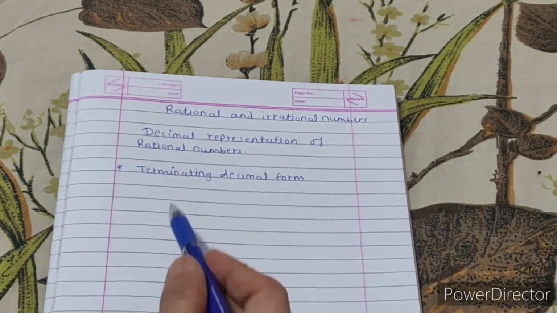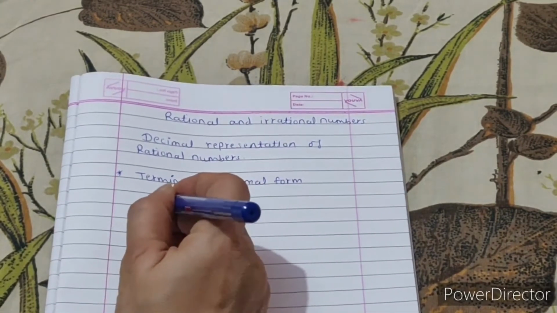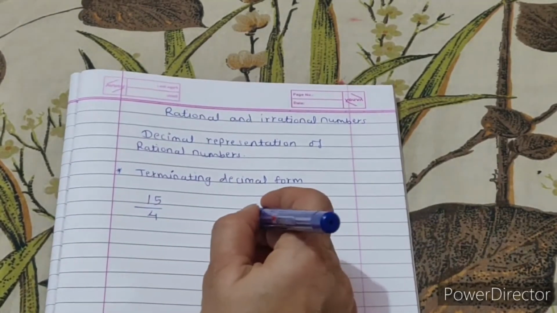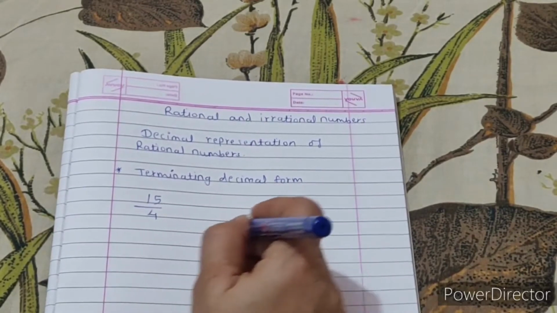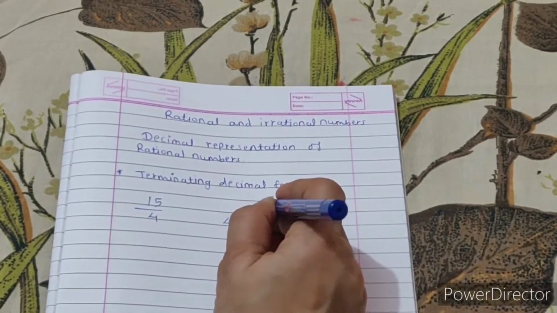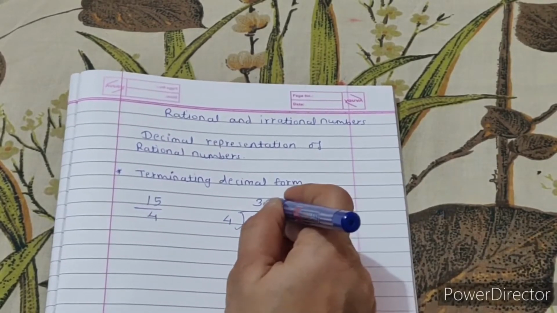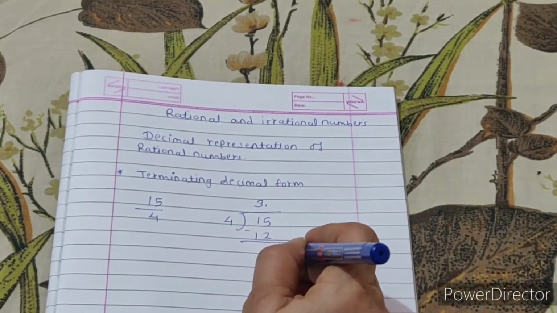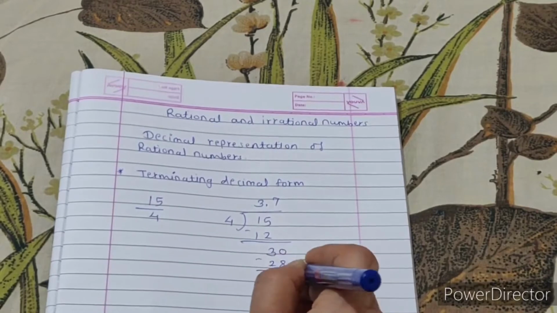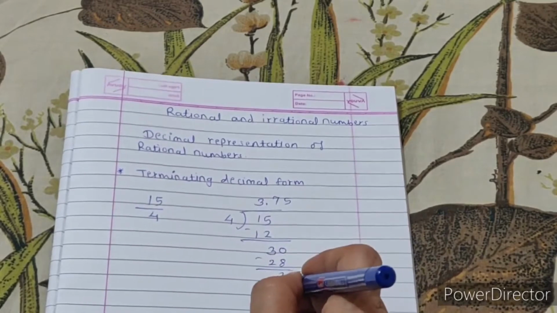Firstly, we will discuss some examples of terminating decimal form. Let's take into consideration one rational number, 15 upon 4. If you try to divide, you will get 15 divided by 4. 4 3s are 12, remainder 3, putting decimal point, number becomes 30. 4 7s are 28, remainder 2, number becomes 20. 4 5s are 20.